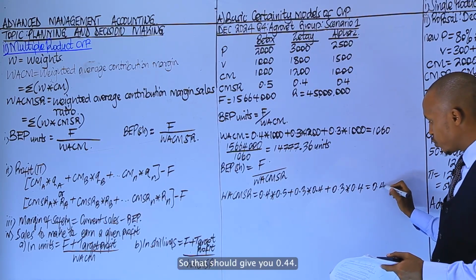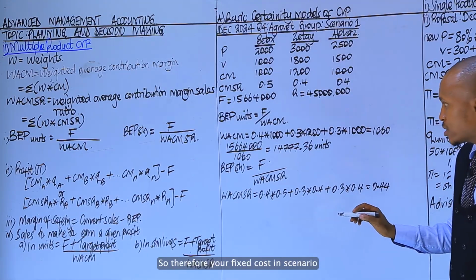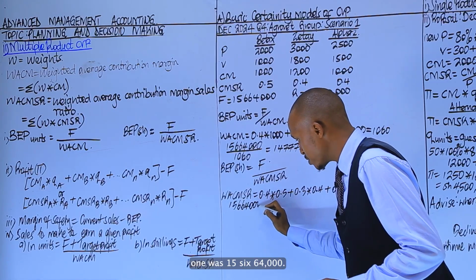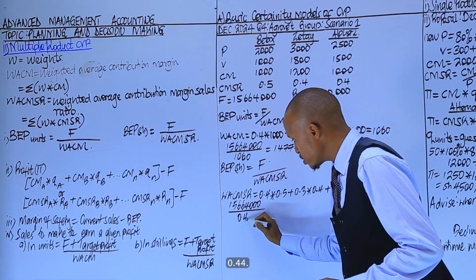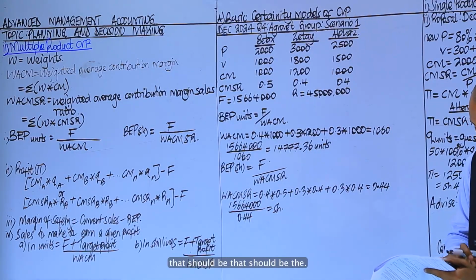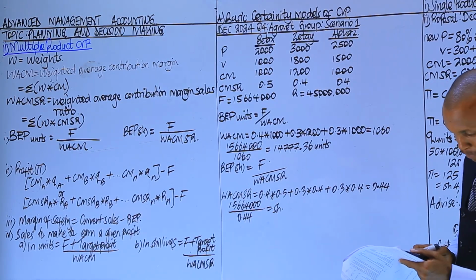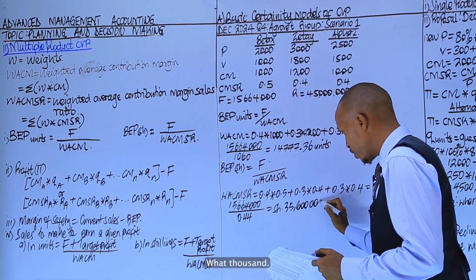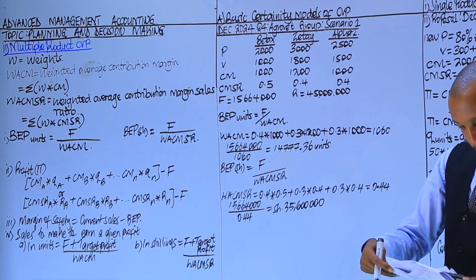That should give you 0.44. So therefore, your fixed cost in scenario 1 of 15,664,000 divided by 0.44. In shillings, that should be 35,600,000.